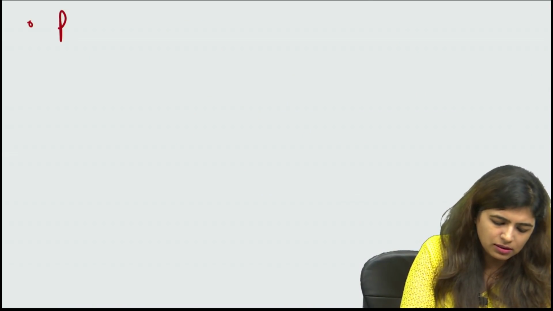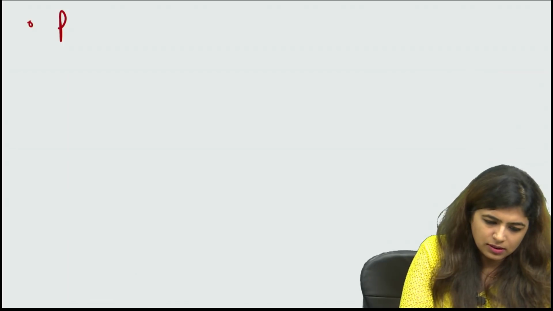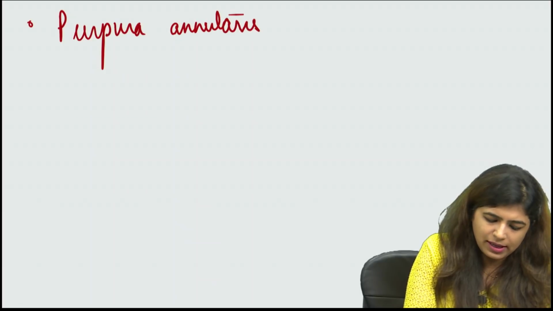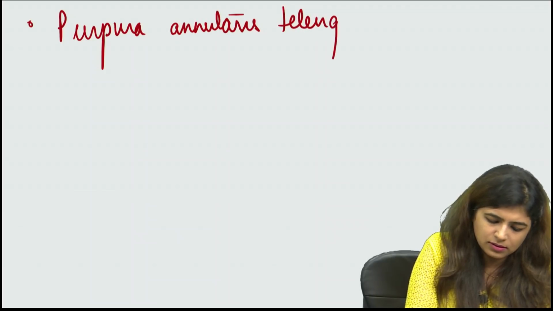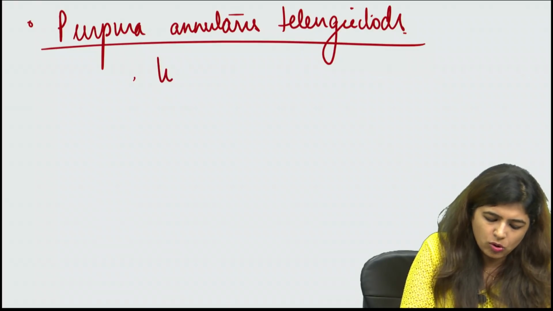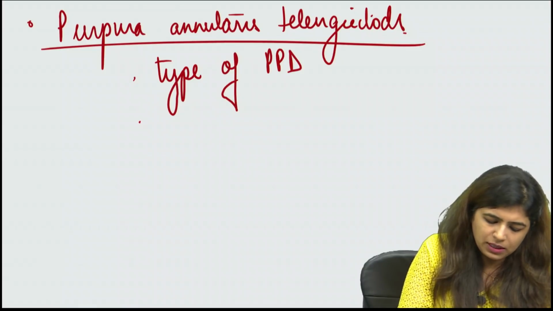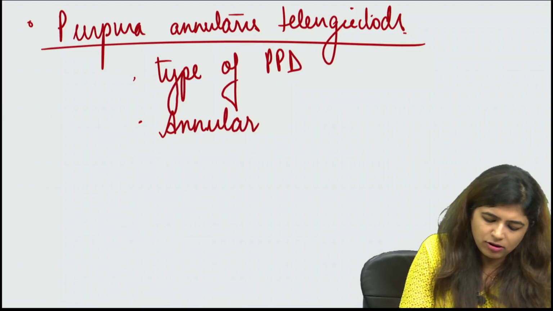The other option in the question was purpura annularis telangiectoides. This is also a type of PPD, but here we have annular lesions.